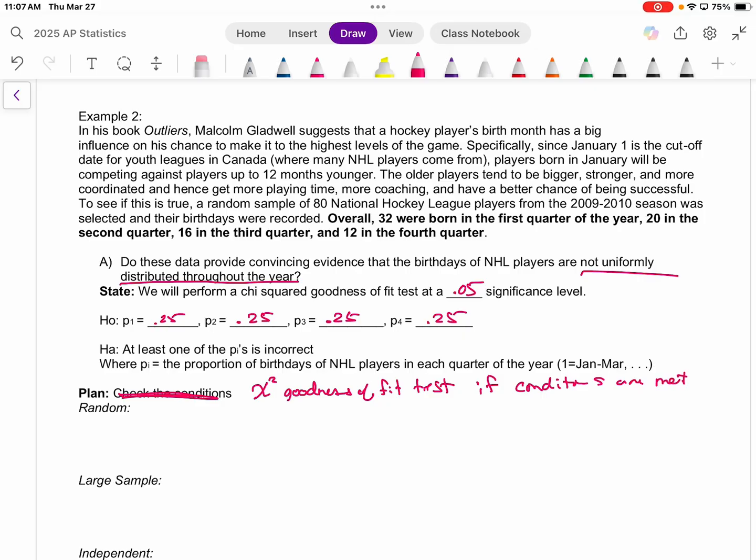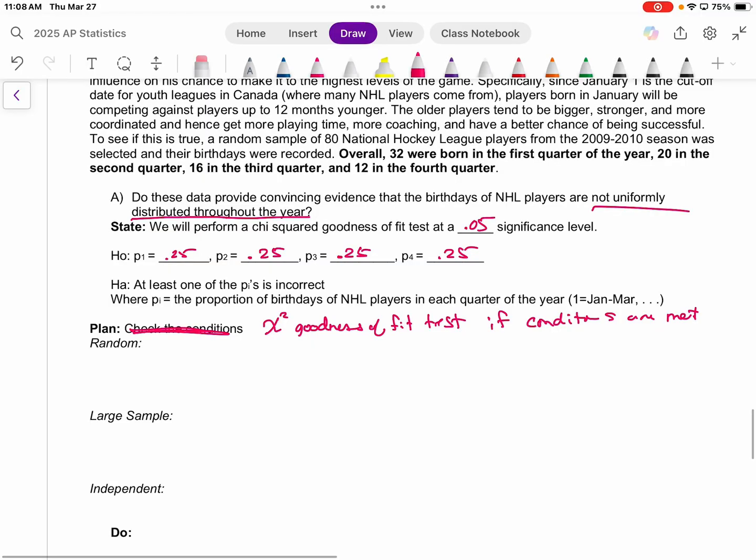So now, when we look at random, they said they did a simple random sample of 80 NHL players in the 2009-2010 season. Our large sample, this is where we do our expected counts.